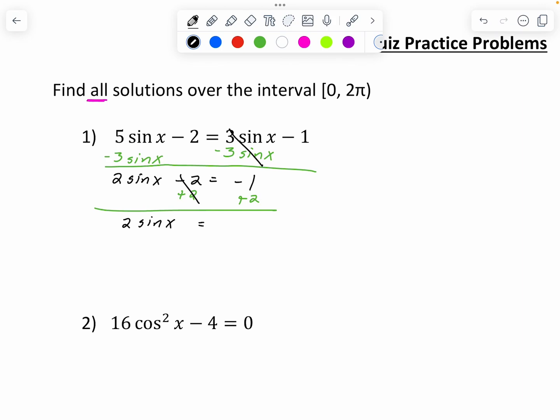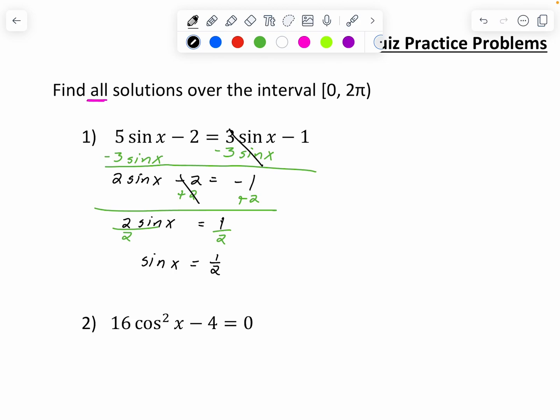Those are gone, and then it's going to equal 1. Then the last thing we do to get sine x by itself is to divide by 2. So then this gives us sine x all by itself equals 1/2. Okay, so algebraically, that's all we've done is algebra. We got sine x by itself.